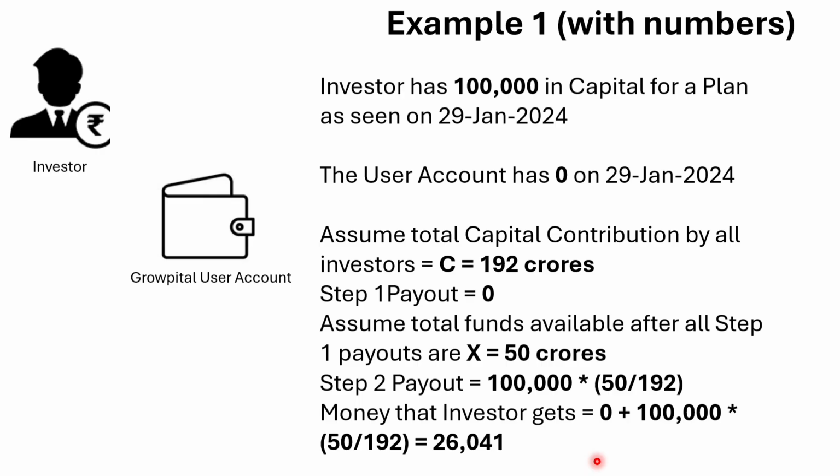So for this investor, the step 2 payout would be his capital contribution and the fraction of that, so 1 lakh into 50 divided by 192, and therefore the money that investor gets is 26,041 approximately. So that's the amount of money which this investor can expect to get if he has invested 1 lakh and his user account has 0 balance on 29 Jan 2024.